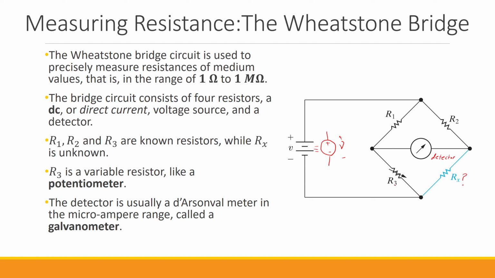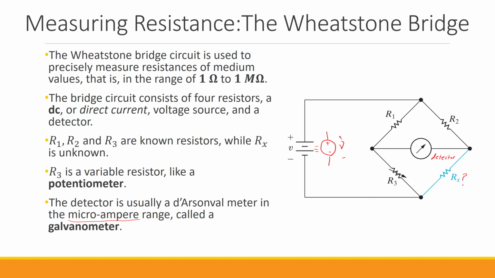It has a small screw on top of it, and by rotating the screw, we change the value of R3. What about the detector? The detector is usually a D'Arsonval voltmeter, which can be very precise, especially in the microampere range. And this type of detector is usually called a galvanometer.